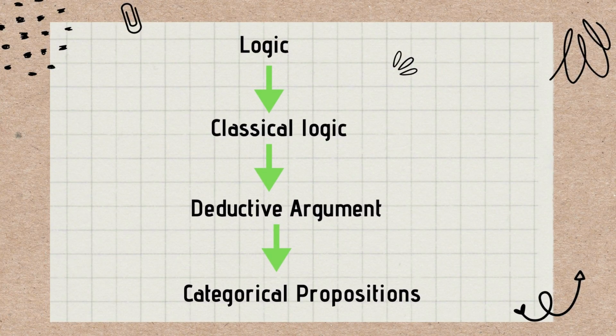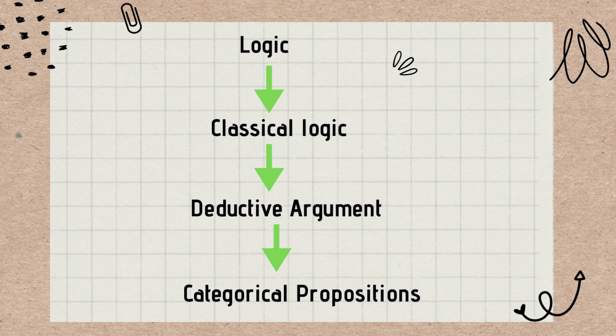So far, we have seen what is logic, what are the types of logic, terminology in logic, the structure of a proposition, and types of argument. As we have seen before, we are studying the first type of logic, which we call classical or Aristotelian logic.